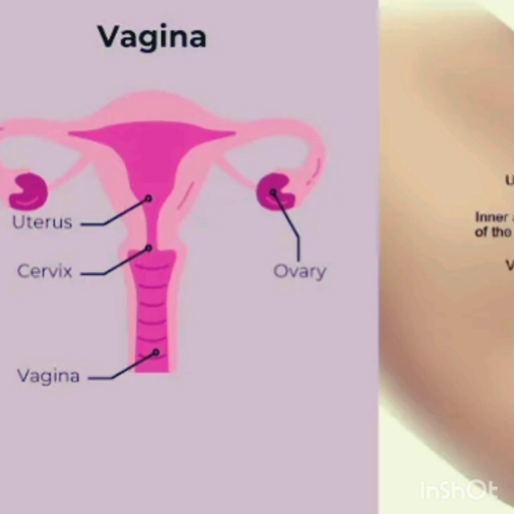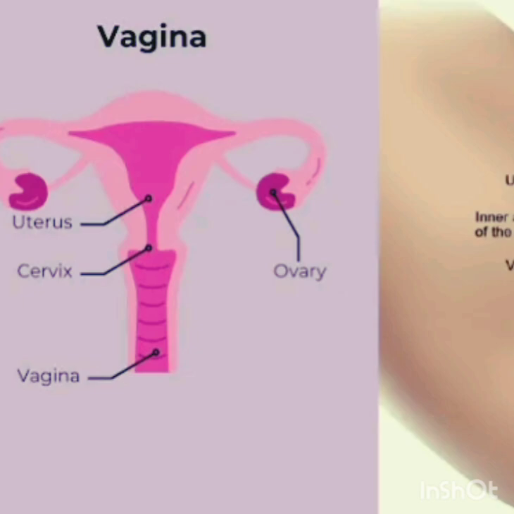Another is the cervix. The cervix is used during induction of labor. You can put a urinary catheter in the cervix to induce labor. The cervix is very important because it is where the baby passes through during delivery. The baby comes from the uterus, and there is another important part which develops when the mother is pregnant, called the placenta.